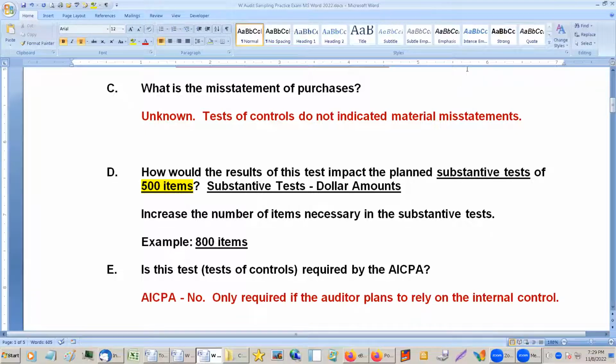For example, let's say you audit a company that only has 7 customers. They have 7 big customers. It doesn't make sense to go through all these tests of controls. You get an understanding of the internal controls, but you probably just do 100%.